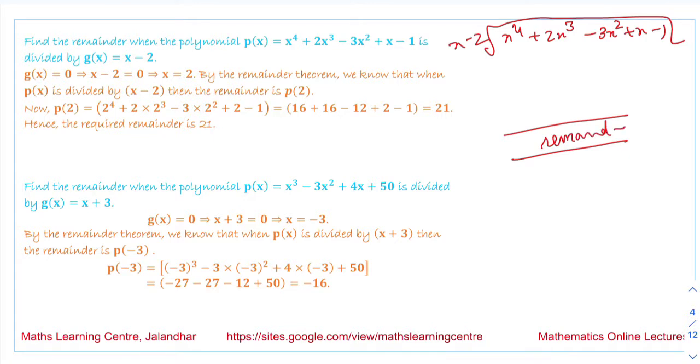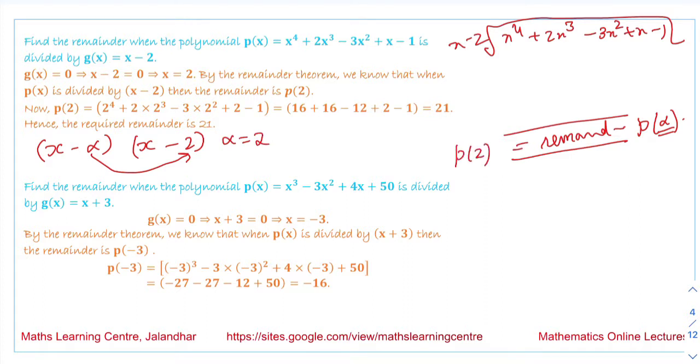But from the remainder theorem we know that the remainder is equal to p of alpha. What is alpha over here? We are dividing by x minus 2, so alpha is 2. It means the remainder will be equal to p of 2.